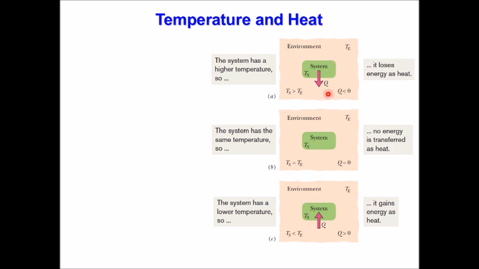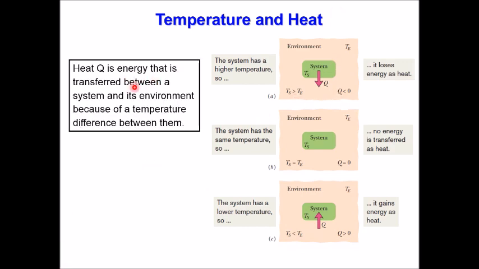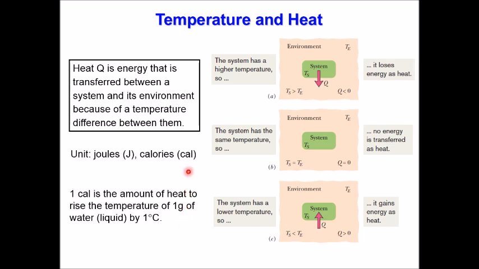The heat, we call it Q. That's the energy transferred between a system and its environment because of the temperature difference between them. As you can see, the difference in temperature is what tells you if the system is absorbing heat or losing energy as heat.